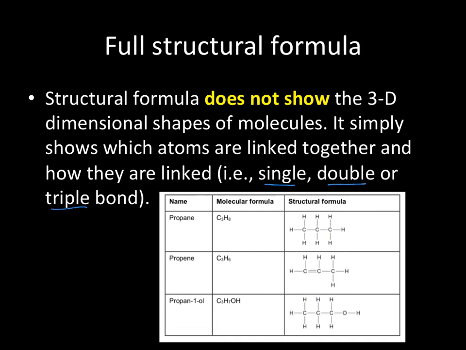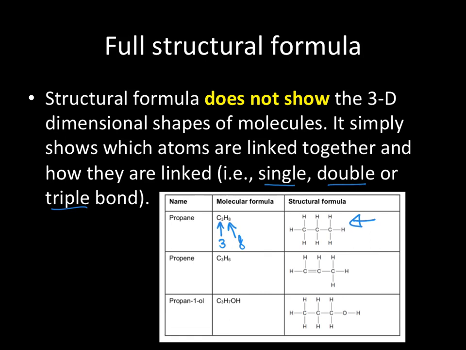Okay? So if you look at the example in the table, you have a few organic compounds. So you have propane. The molecular formula is C3H8. It tells me that there are 3 carbon and 8 hydrogen. But how they are linked to each other is shown in the structural formula clearly.